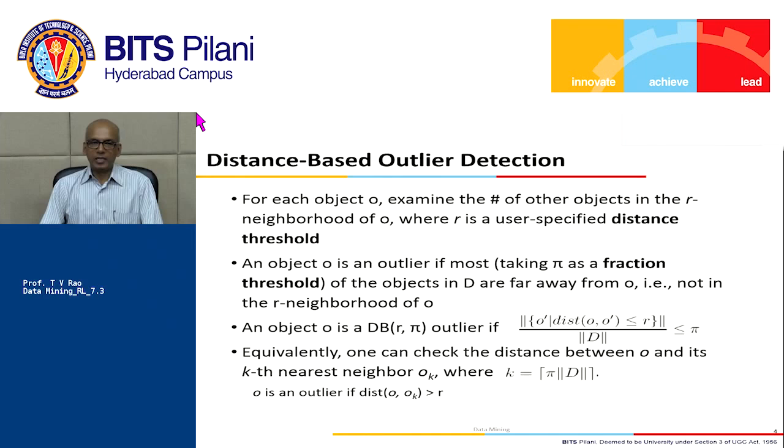So first look at distance-based outlier detection. So we go with the definition. We start with a user-specified threshold.